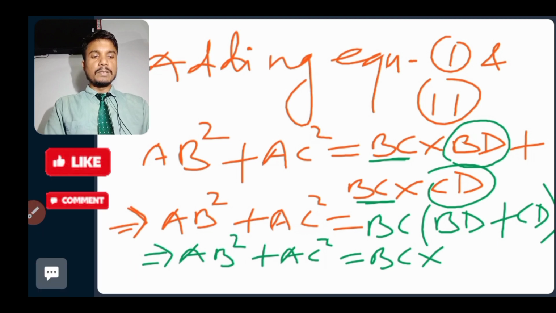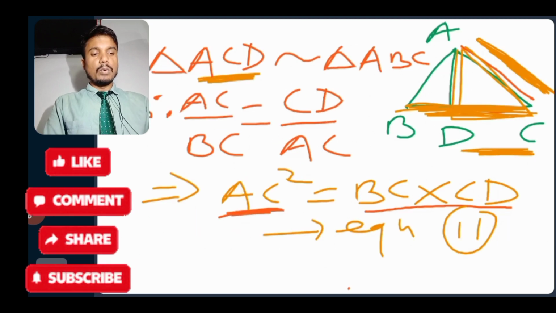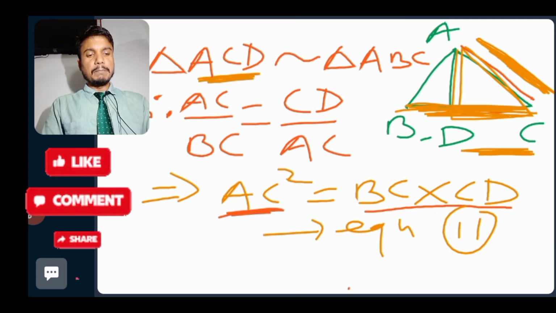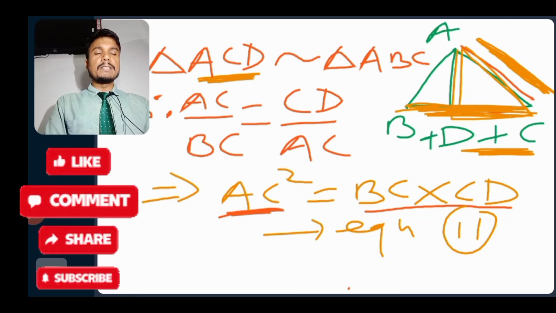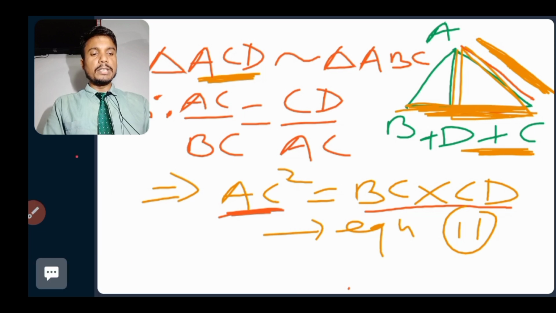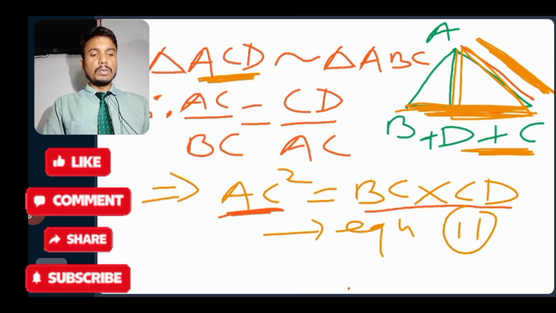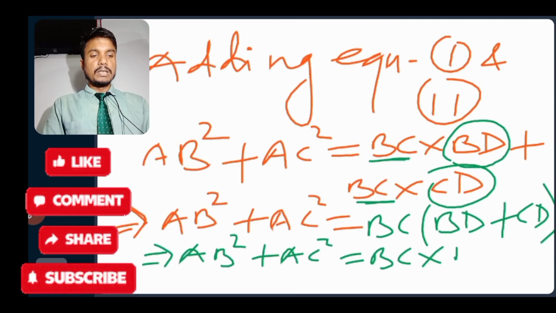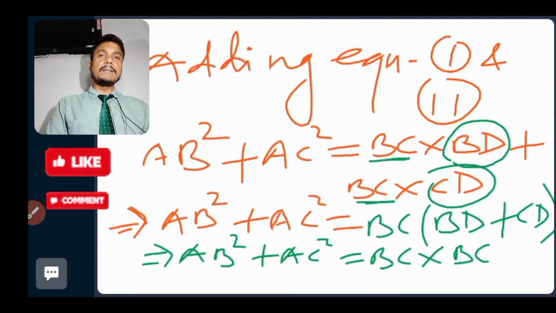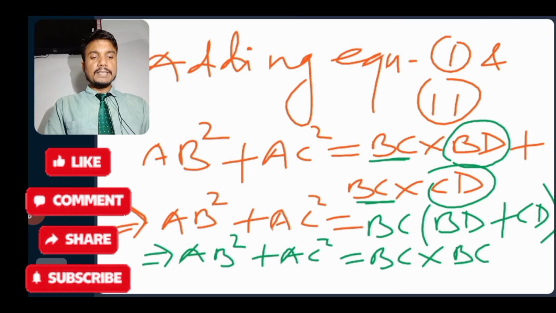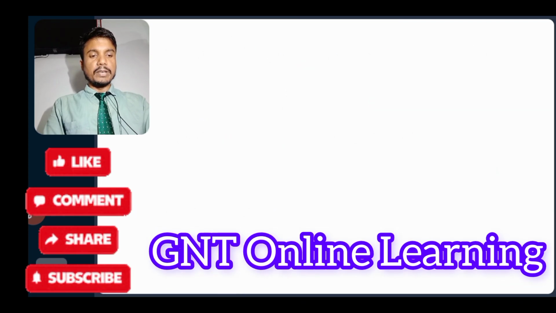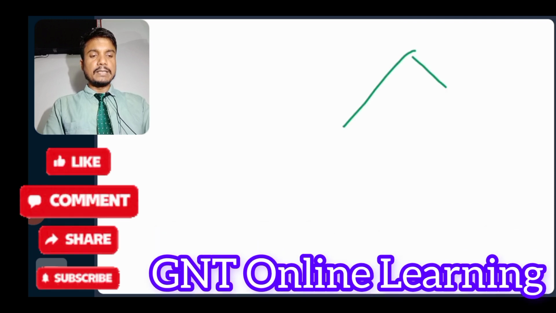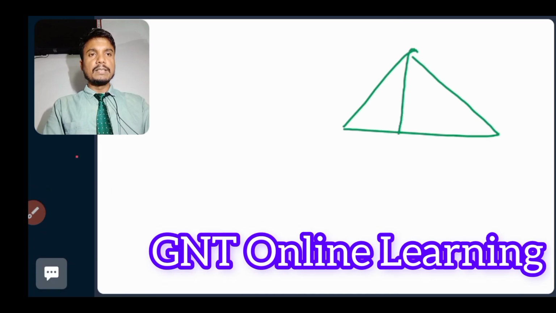Let's go to the diagram part. If we add this BD plus CD, we will get BC. Is this clear, how this BD plus CD comes? Let me show you diagrammatically. This is our diagram.